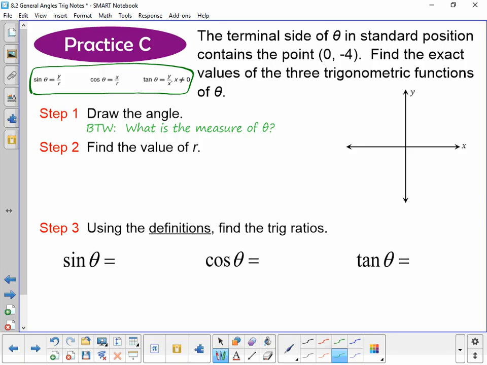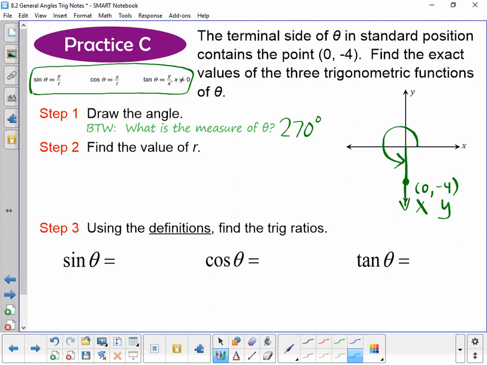So this time we have the terminal side of theta in standard position containing the point 0, -4. So our x value is 0 and our y value is -4. So we're talking about this angle theta because here's our terminal side. So we're talking about the angle 270 degrees.